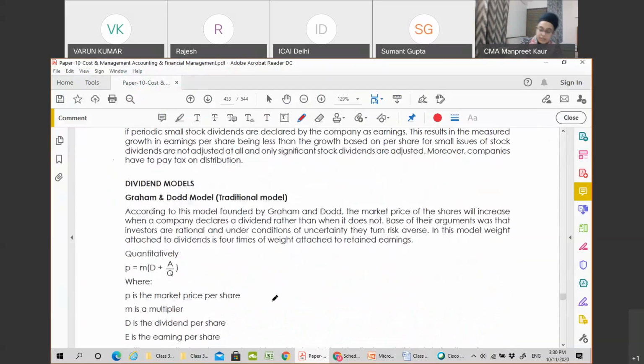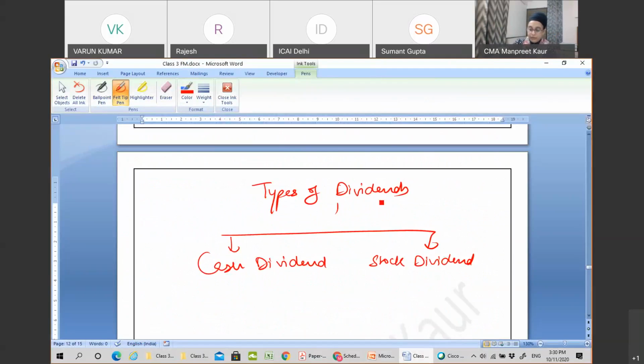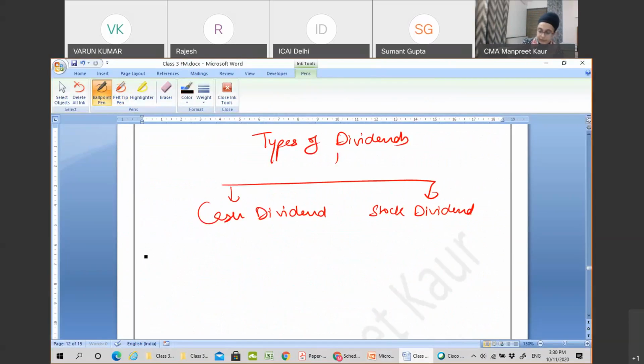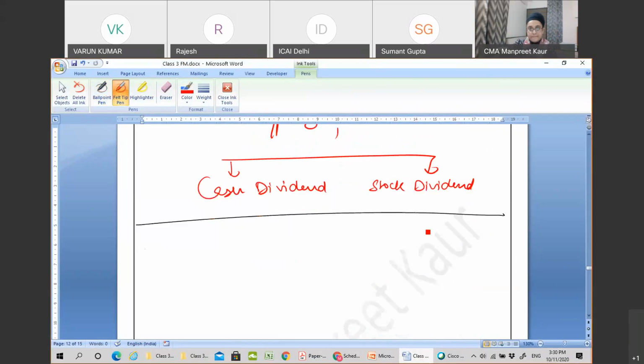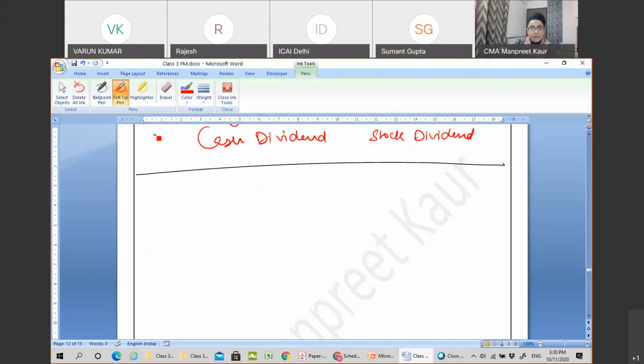Next, we will discuss the dividend models. They are very, very important. So let's discuss the dividend models.